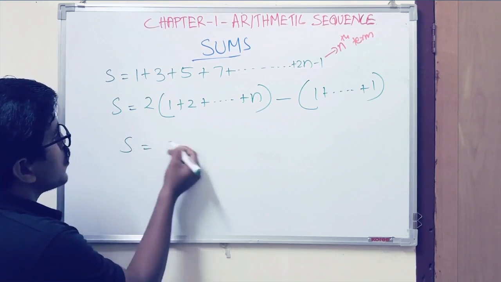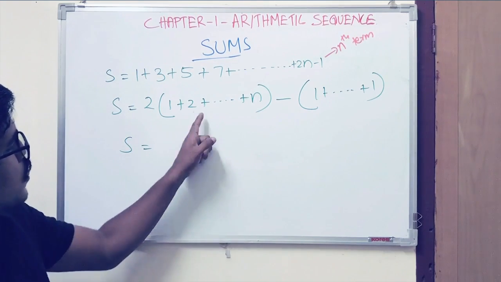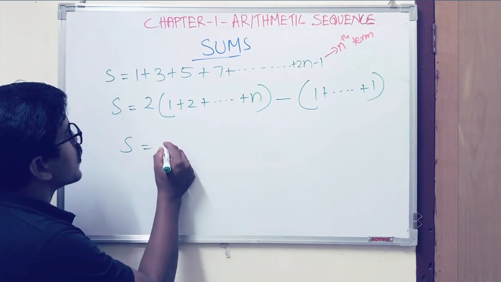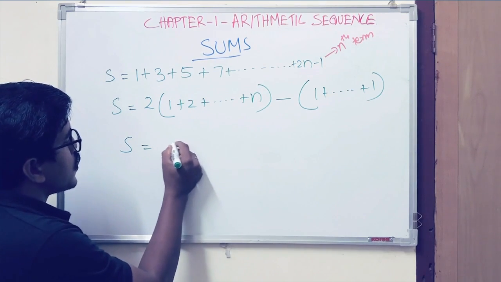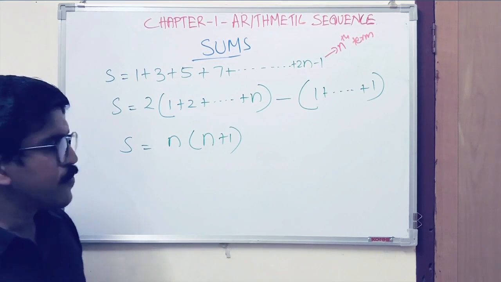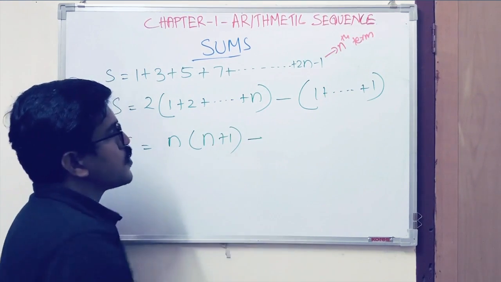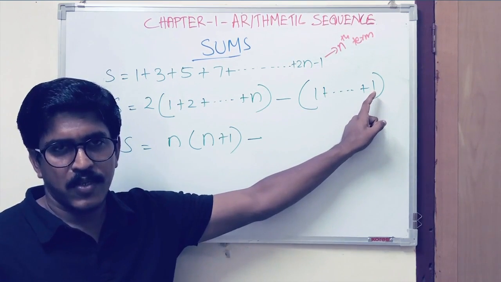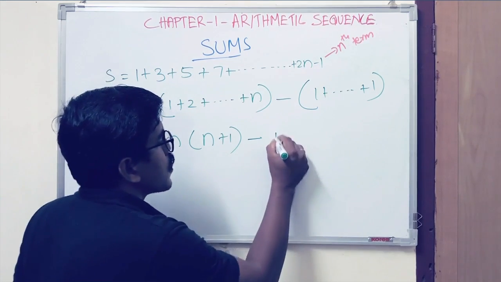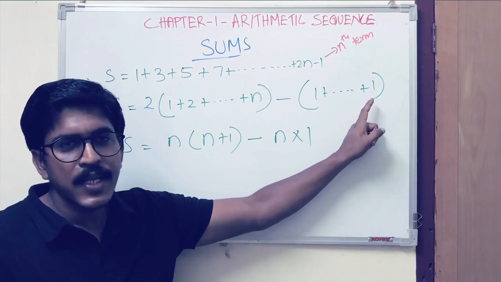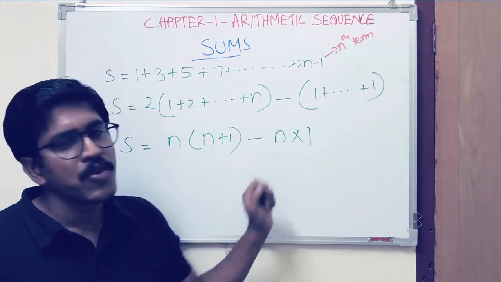So again, all of you know that the sum of n terms of the even number sequence starting from 2, we can write as n into (n plus 1), minus. Here n times we need to add 1, so we can write here n into 1. Instead of repeatedly adding, we can rewrite n into 1.